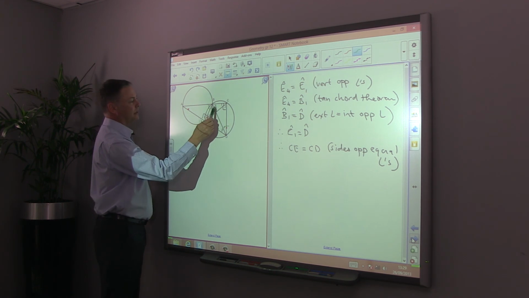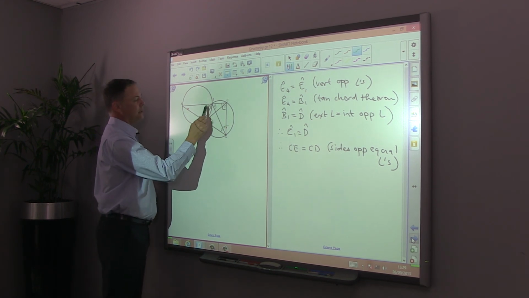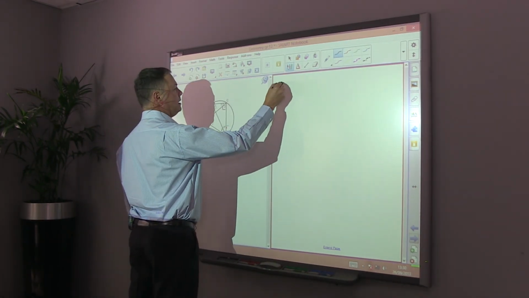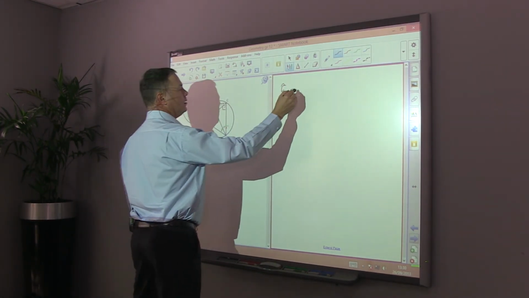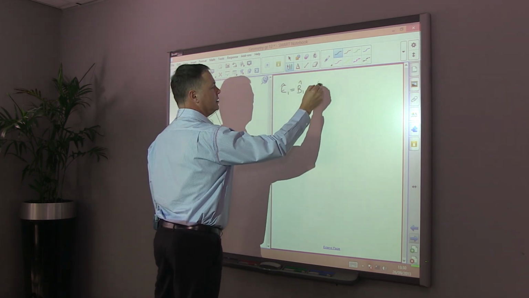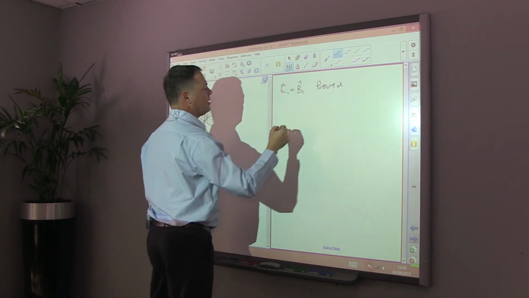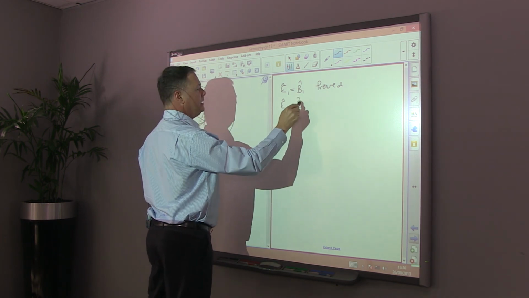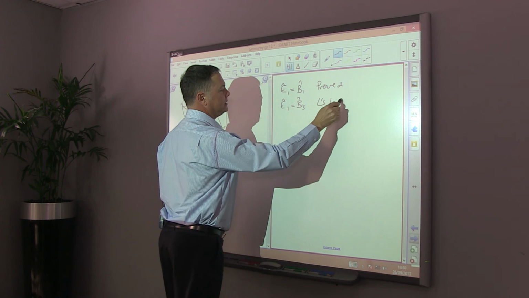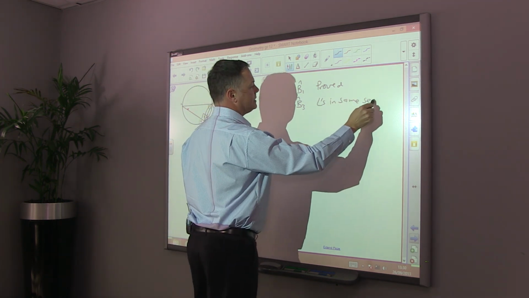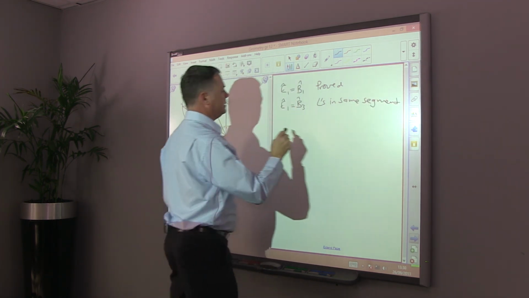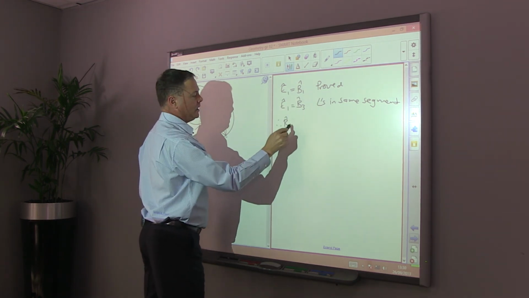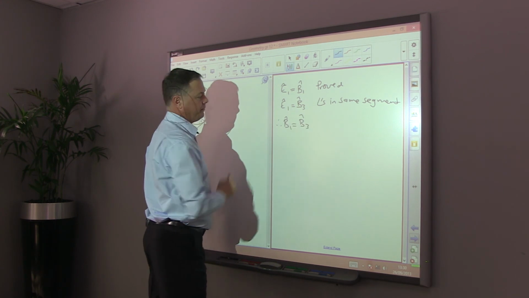And B1 equal to B3, therefore B3 and B1 must be equal to each other. Angle E1 equals B1, proved. And angle E1 equals B3, angles in the same segment. Therefore, those two things are the same, so B1 equals B3. Done.